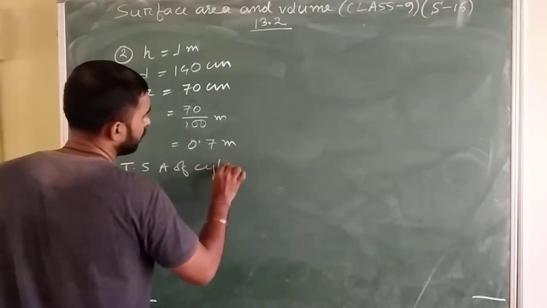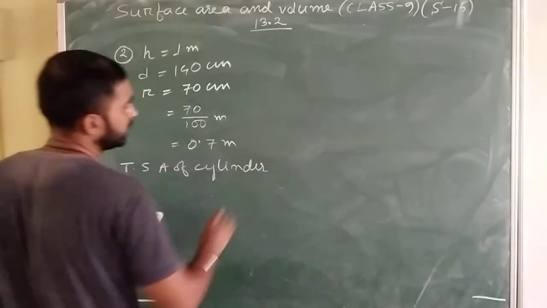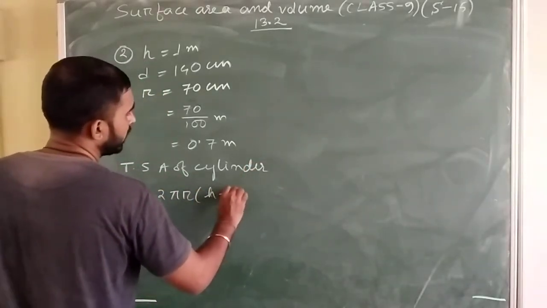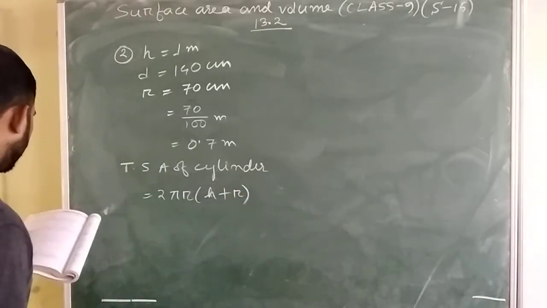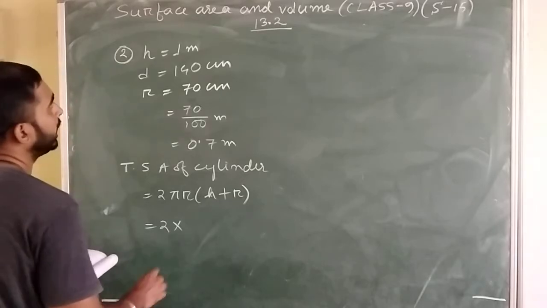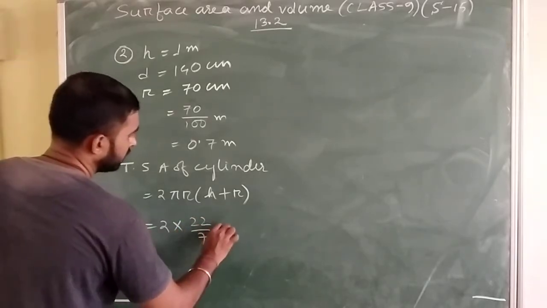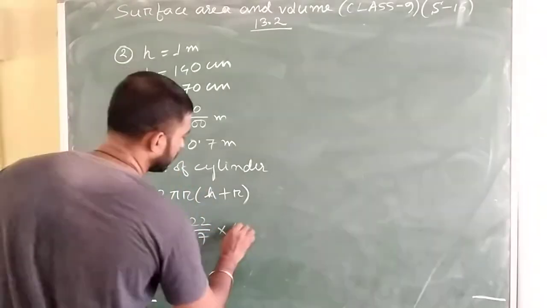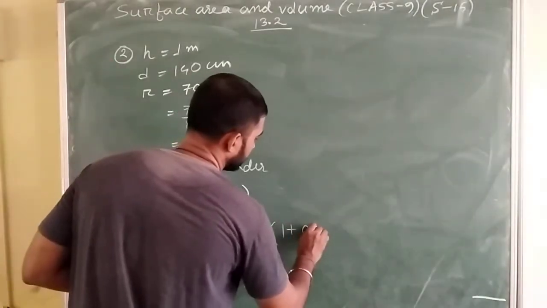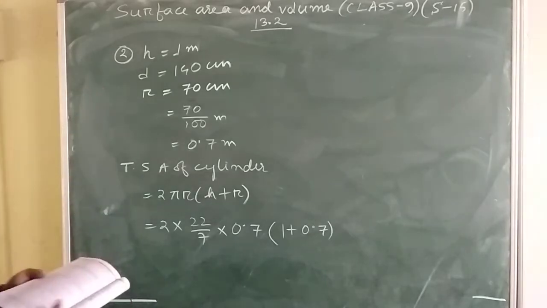Total surface area of cylinder is equal to 2 pi r times h plus r. Now what is pi? Pi equal to 22 by 7. Radius equal to 0.7, then height equal to 1.